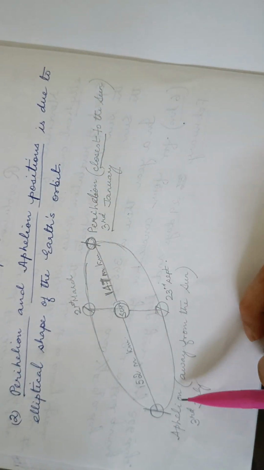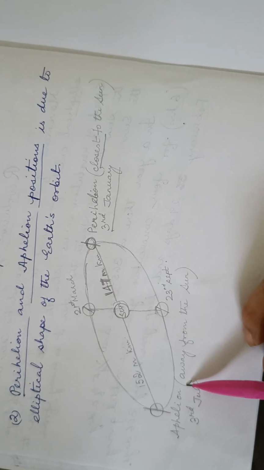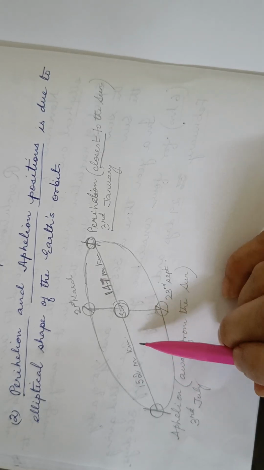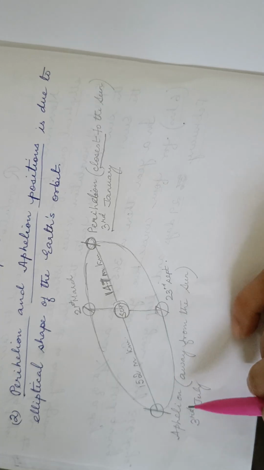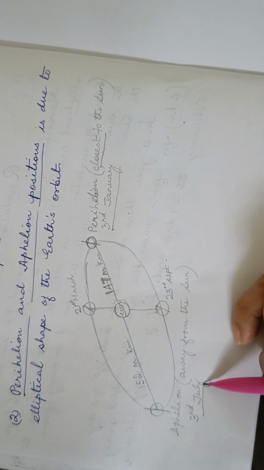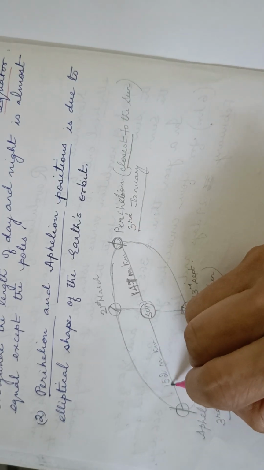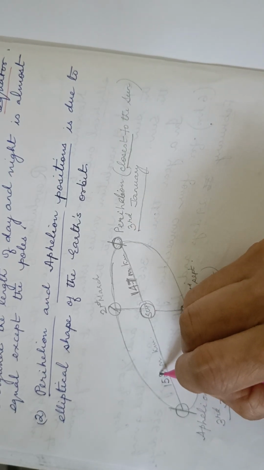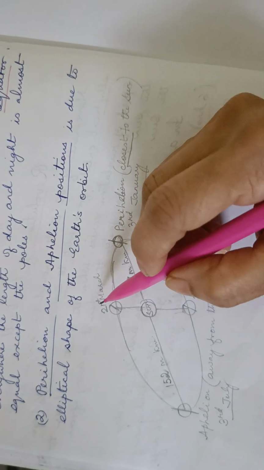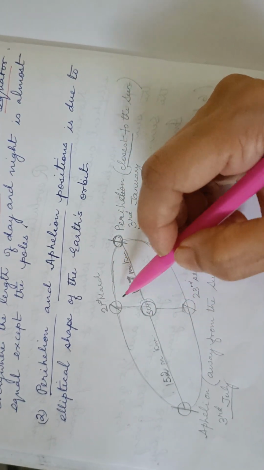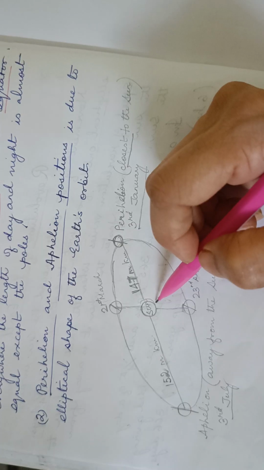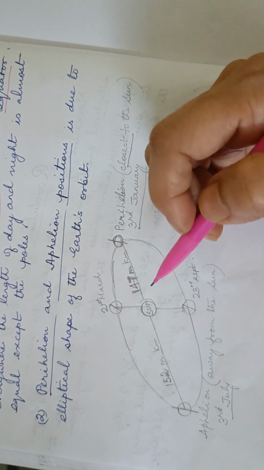And another position is aphelion. Aphelion is when it is away from the sun. It is on 3rd July. And what is the distance? Distance is 152 million kilometers. And then these two positions are equinoxes when sun is more or less at an equal distance from Earth.